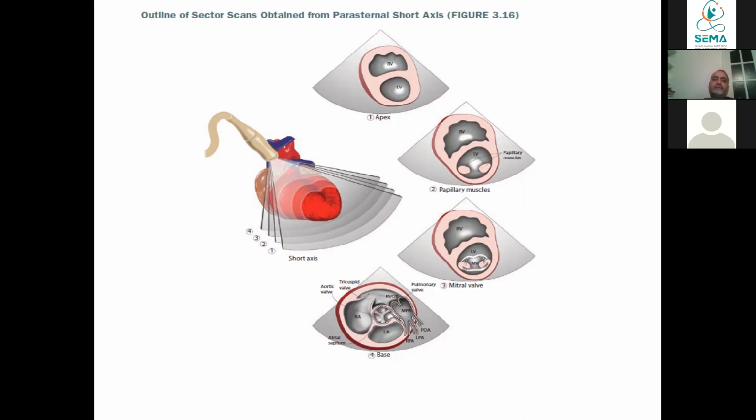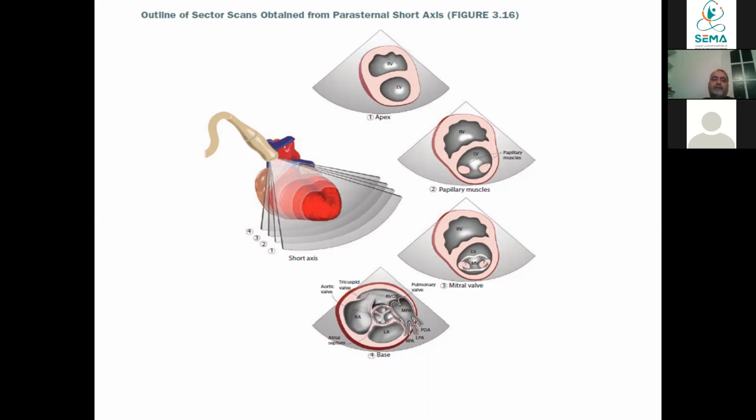So here we have a 90 degree rotation of the probe. When you rotate the probe 90 degrees, you will create a short axis when the marker is going to the left shoulder. The marker to the right shoulder will create the long axis view. So in short axis view, what is the benefit?